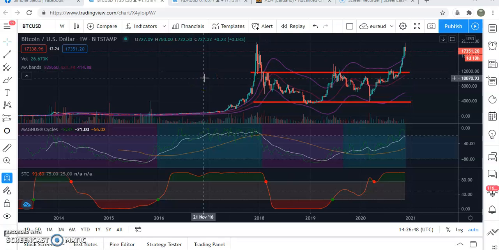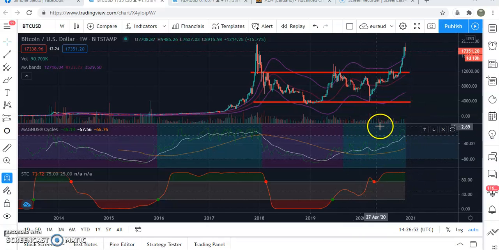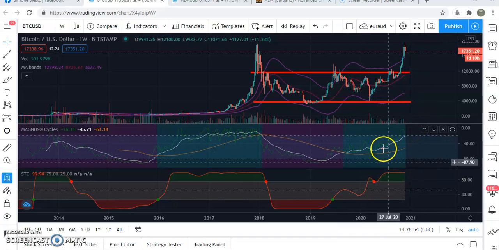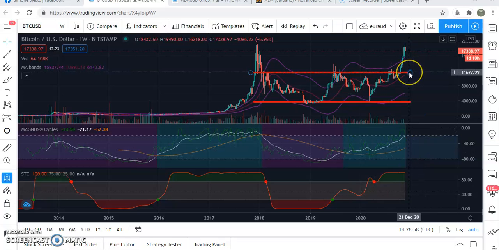quite a natural movement, which is not complicating our analysis. I definitely define a retrace to 12,000 as a normal healthy retrace. So let's not be too worried if we are going to see Bitcoin retesting 12,000.